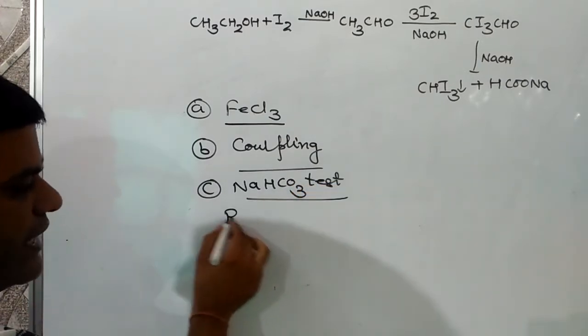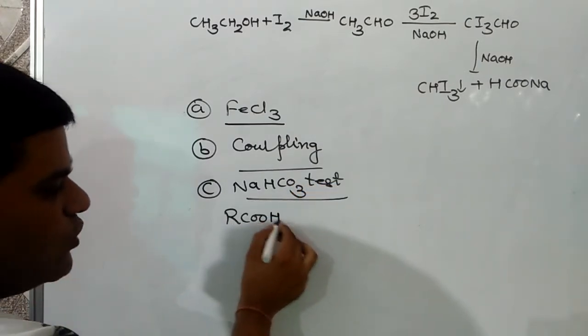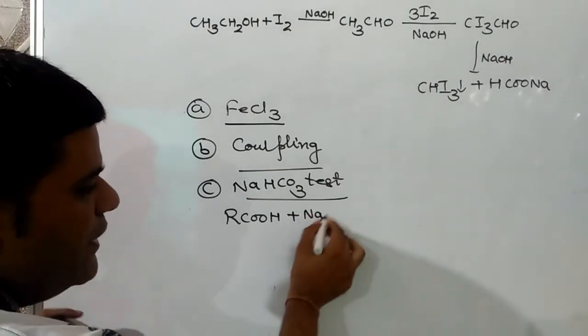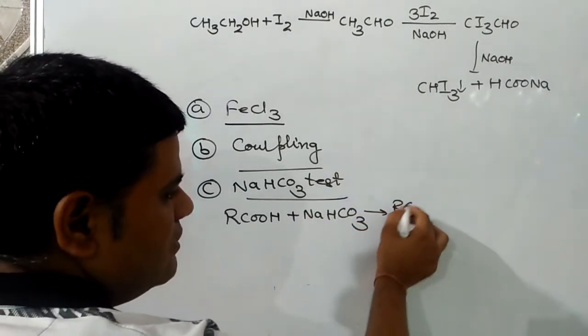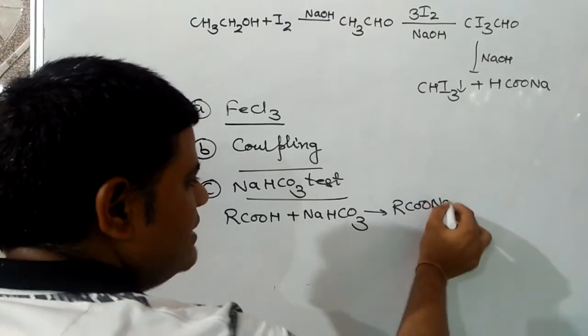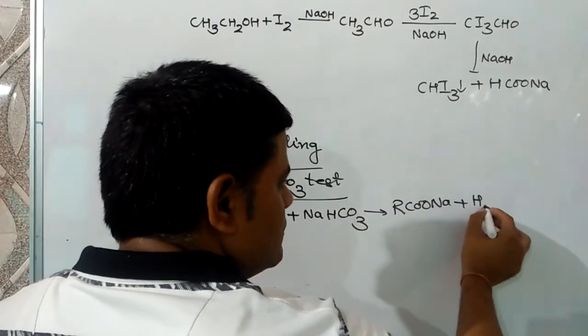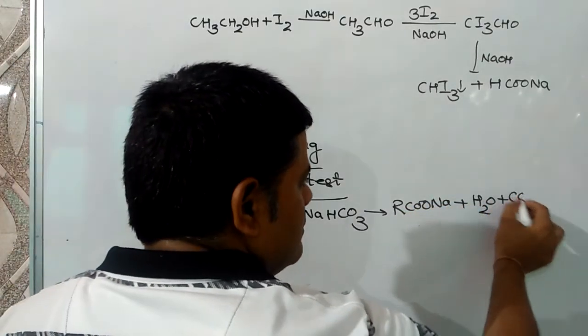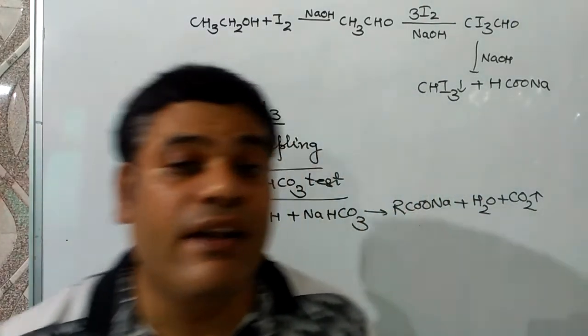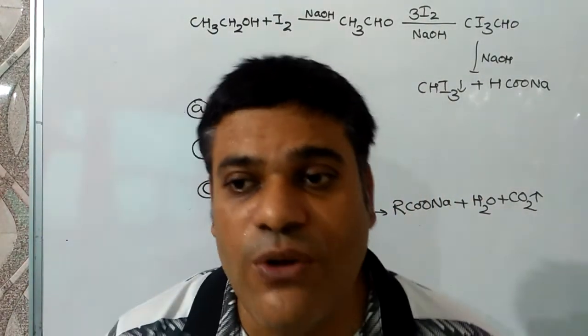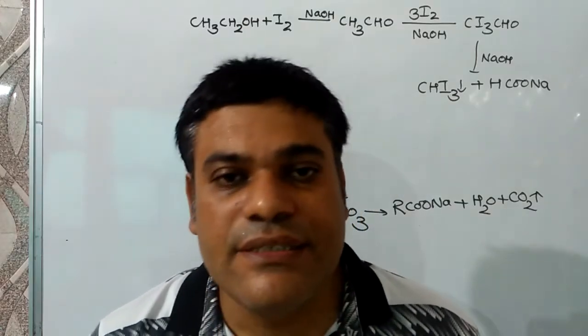Here carboxylic acid can react with sodium bicarbonate to produce effervescence of CO2. So in this way we can distinguish between phenol and alcohol, as well as phenol and carboxylic acid.